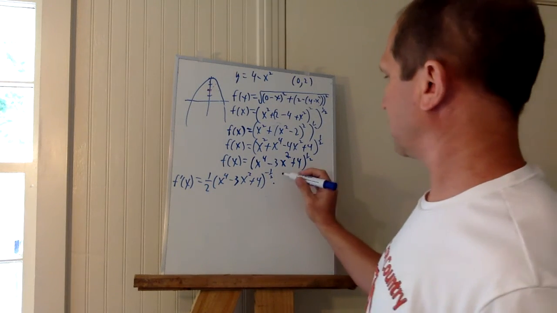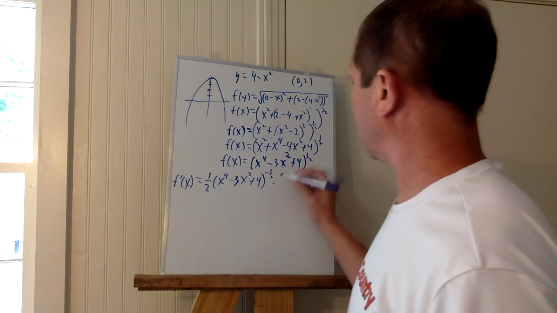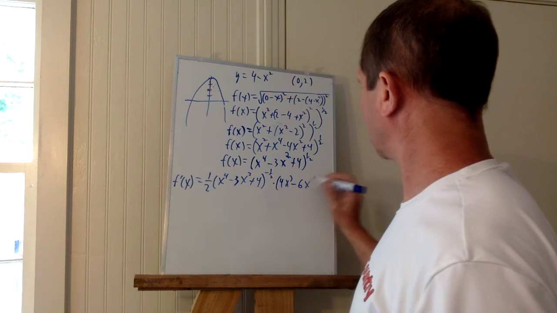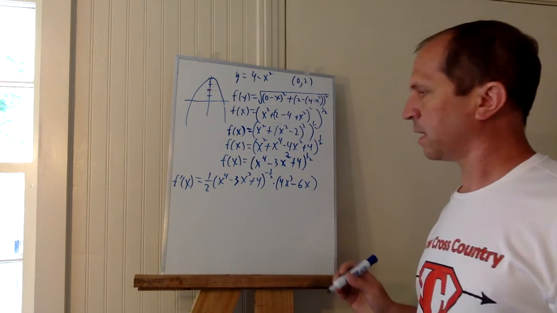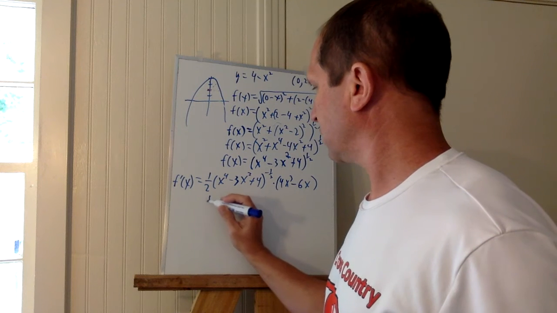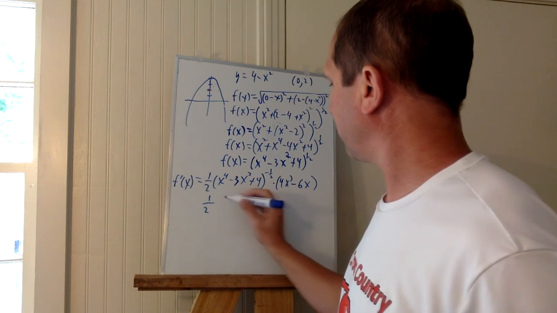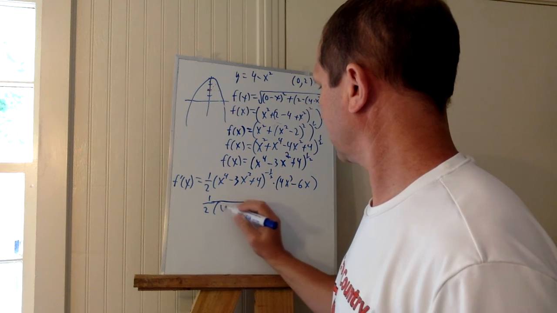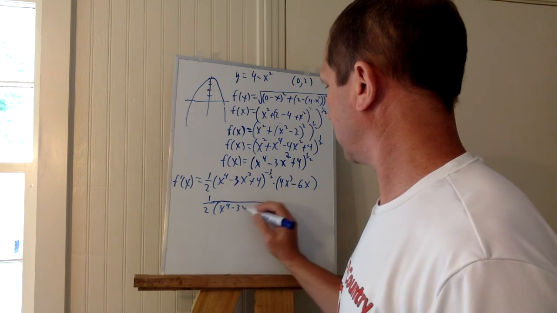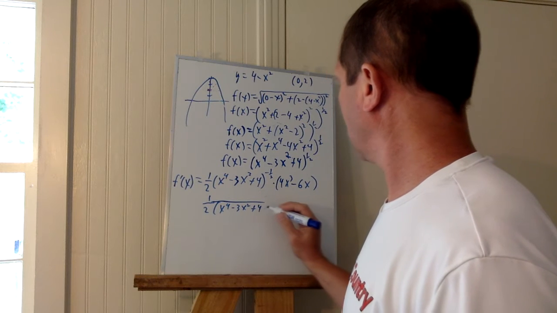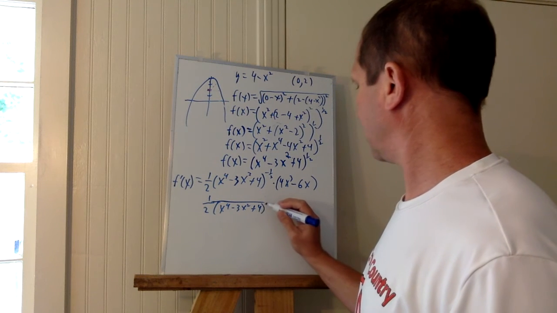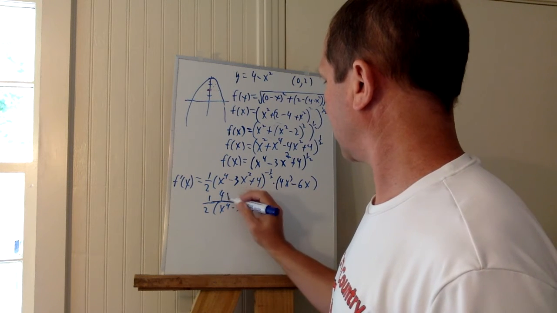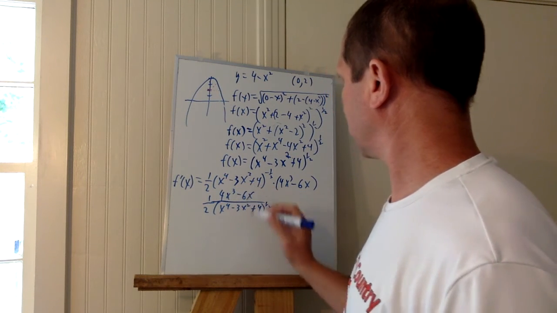And of course, we still got the chain rule here, so now we have to take the derivative of the inside. So it's 4x cubed minus 6x. Okay, pull this to the denominator, so it's 1/2 of x to the 4th minus 3x squared plus 4 to the 1/2 power. And this is going to be 4x cubed minus 6x.